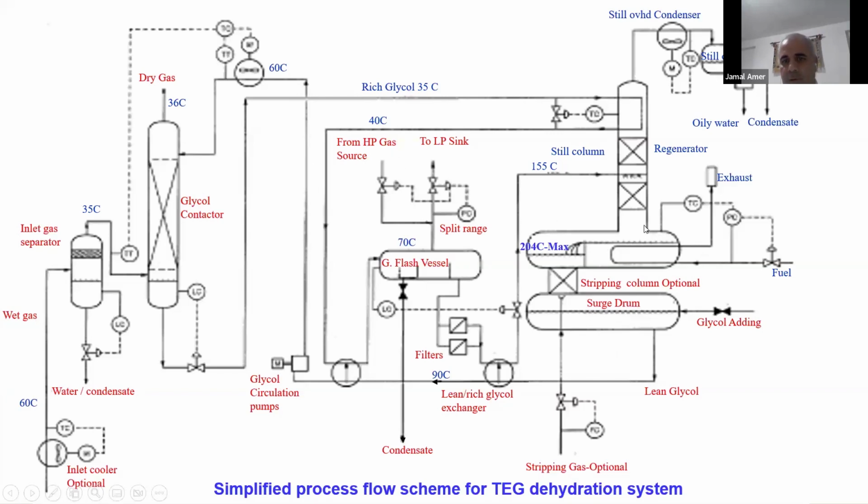As the operation team, they have to keep an eye on these operating parameters continuously. Mainly, we have to observe the temperature in the reboiler. It should not increase more than the set point.